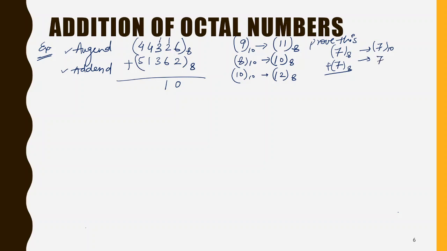If you add 7 and 7, it is 14 in decimal, and 14 in decimal will be 8 and 6, that is 16 in octal.